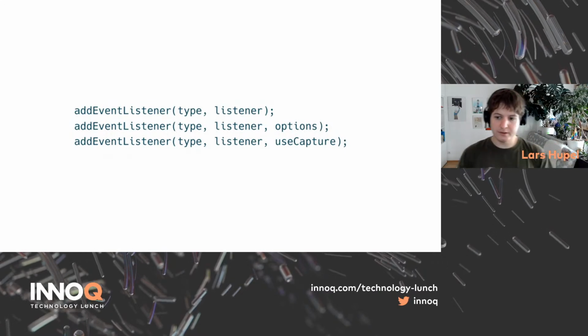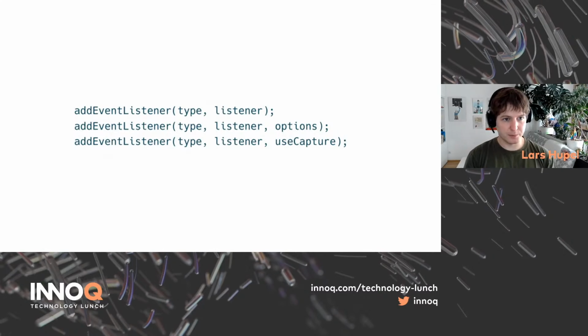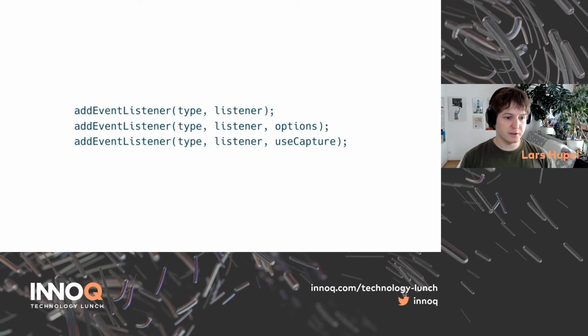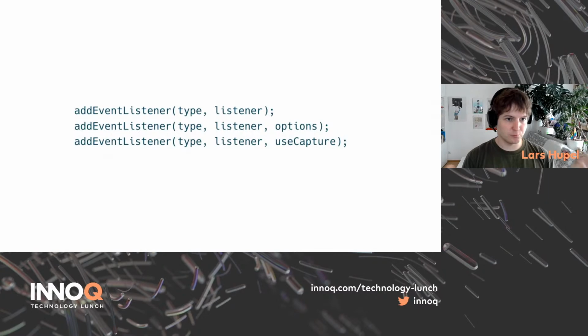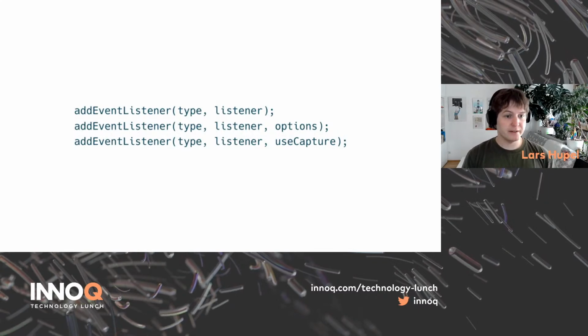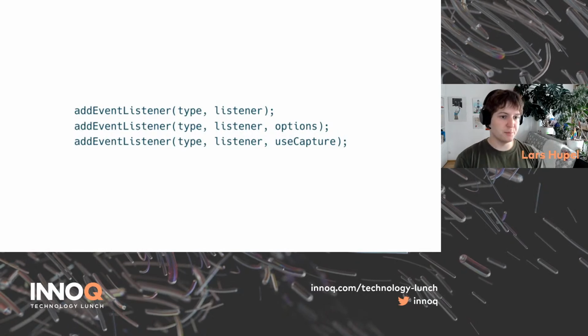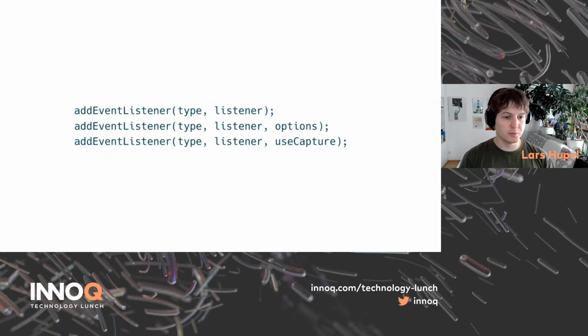Okay, on this slide, I have a very specific example from the DOM. One of the things you can do in the DOM is, if you have an element, an item in the DOM, for example a button or whatever else, you can add an event listener to that element. For example, you can call the addEventListener method with two parameters.